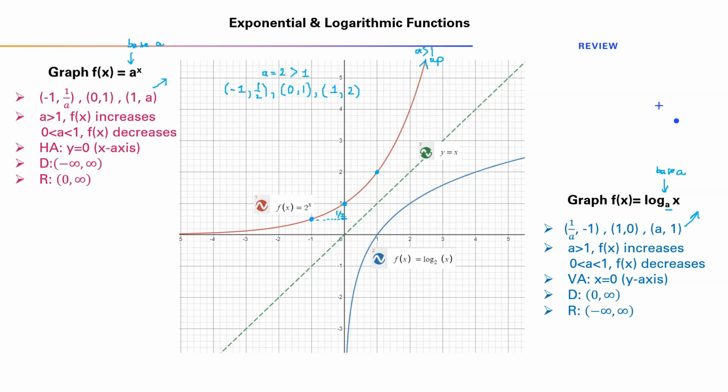For the other case, when a is less than 1 and greater than 0, f of x is decreasing, and we call it decay. Also, it will have the horizontal asymptote at y equals 0, or the x-axis.